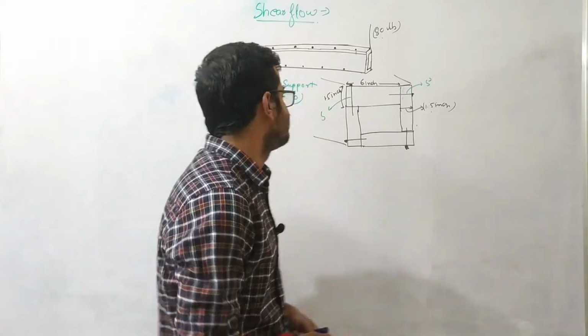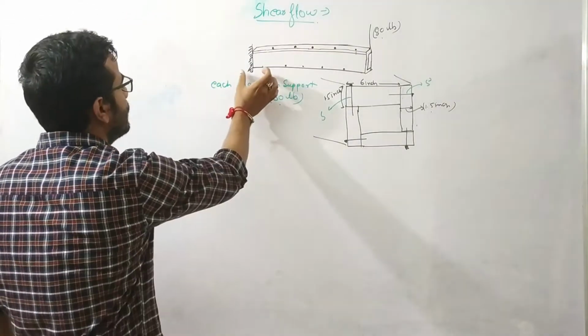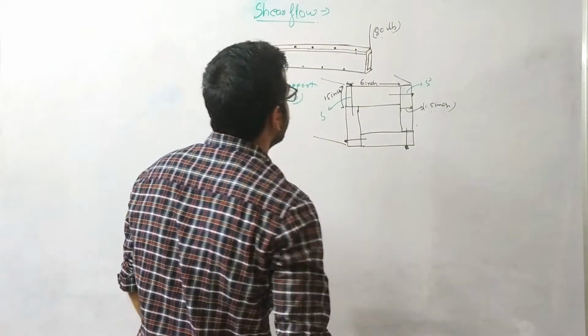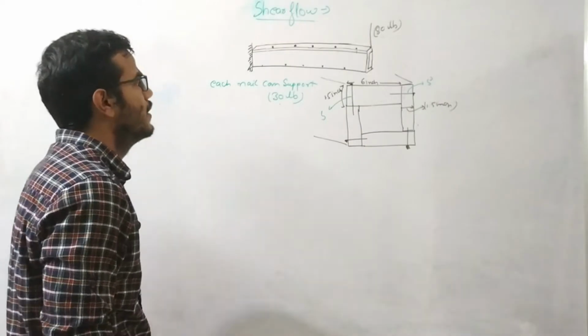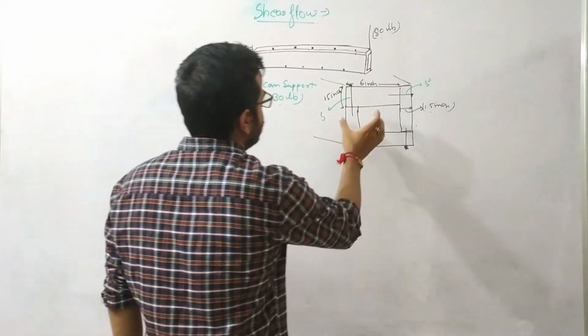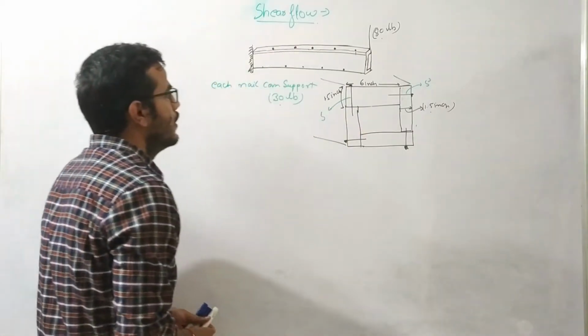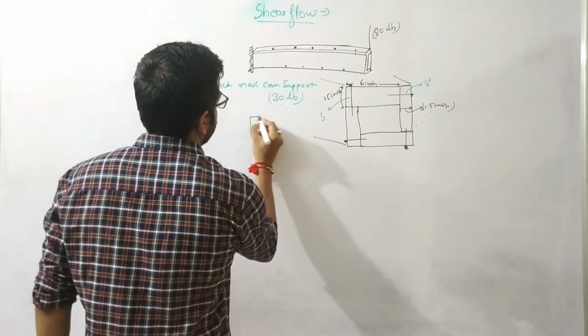Okay, so the problem is here. We have a cantilever beam on which an 80-pound load is acting. The cross section, as you can see, is a built-up cross section.